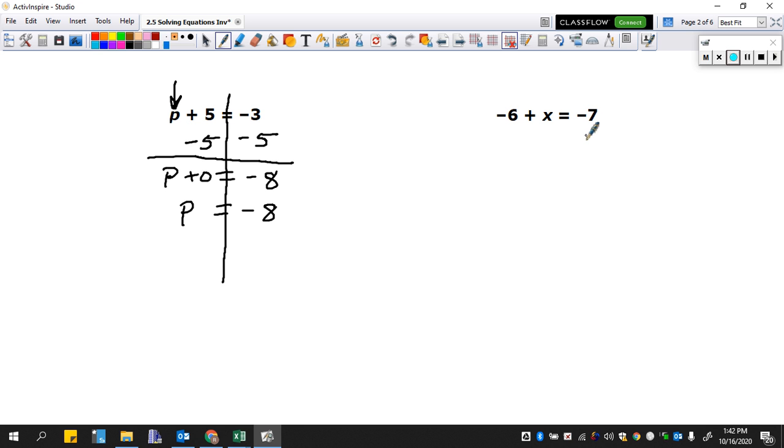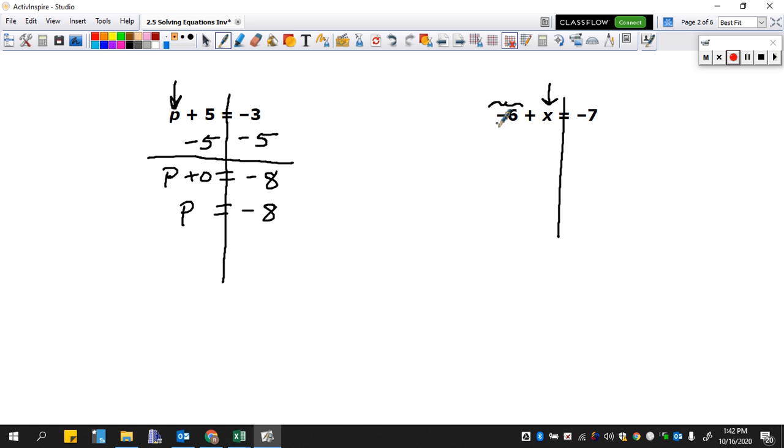This one over here, we notice that we have the integer that comes first, but that doesn't matter. Let's draw our line down through, divide it into two parts. We're looking at getting the x by itself, so that means we've got to get rid of this negative 6.